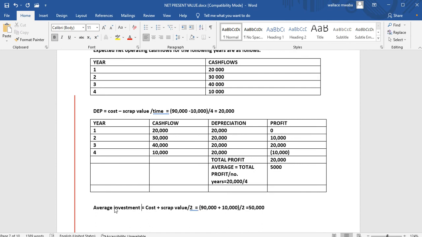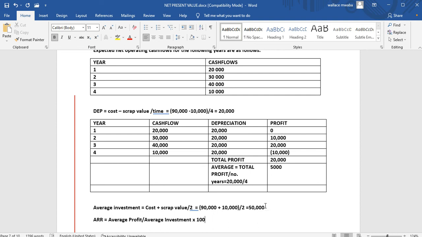Now, since we've got our average investment and our average profit, our average rate of return, ARR, equals average profit divided by average investment, multiplied by 100%.